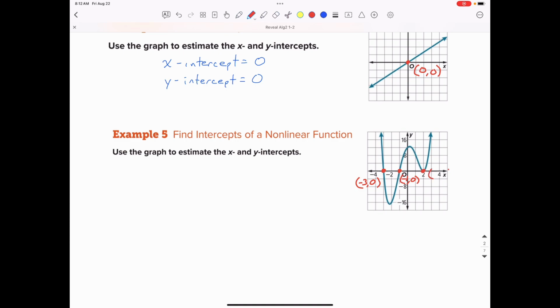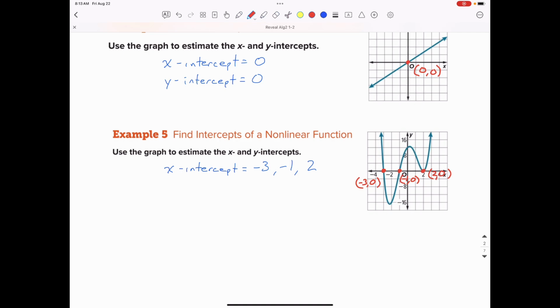And the last point has an x value of 2 with a y value of 0. So the x-intercepts are the x values of all 3 of those points. You have an x-intercept at -3, an x-intercept at -1, and an x-intercept at 2.